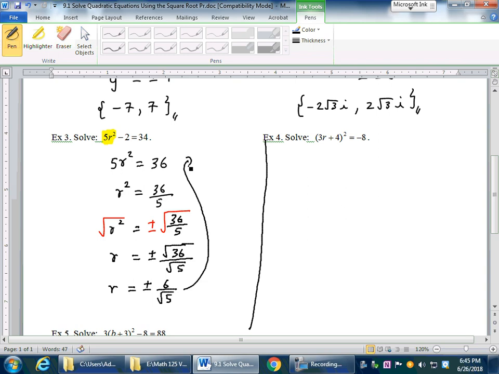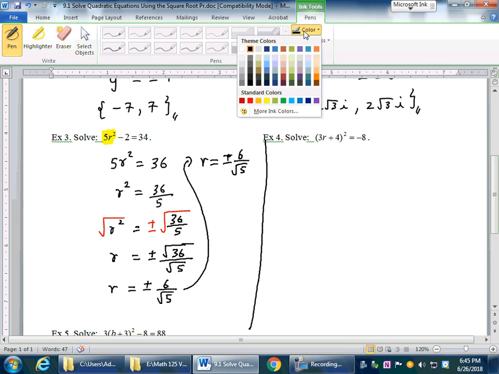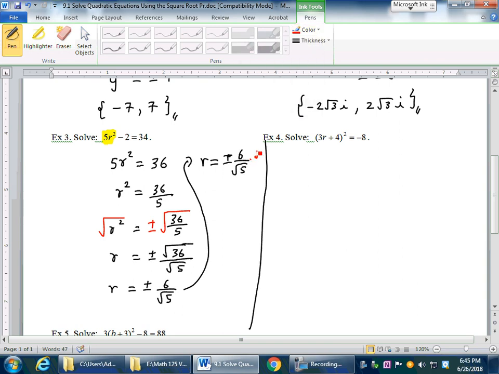So this will become r is equal to plus or minus 6 over the square root of 5. I multiply by the square root of 5 top and bottom to rationalize it. So r is equal to plus or minus 6 square root of 5 over the square root of 5 times the square root of 5, which is the square root of 25, equal to 5.